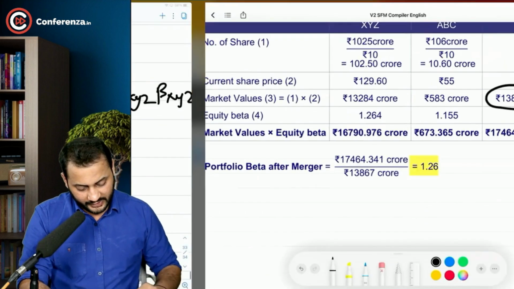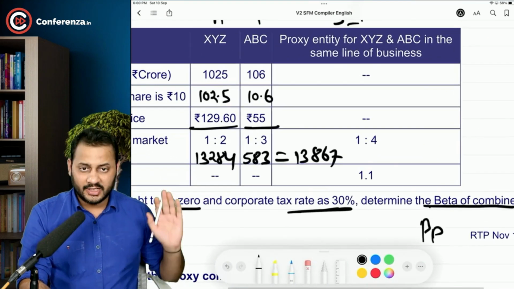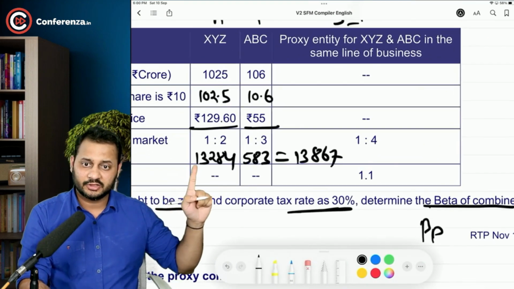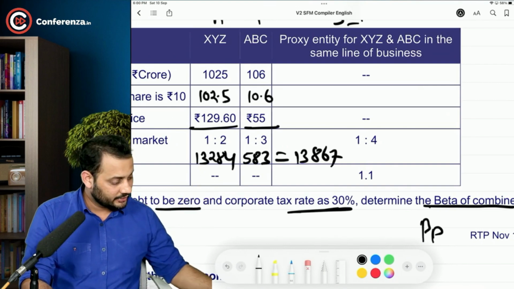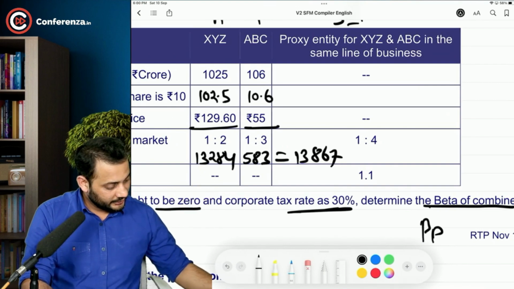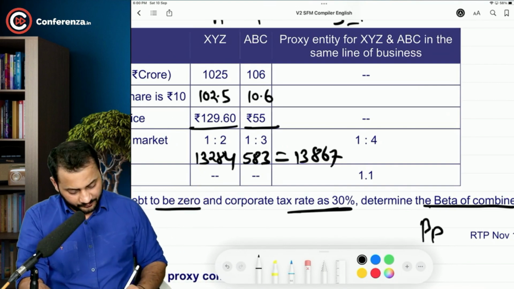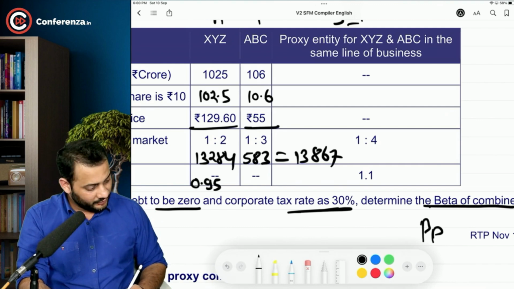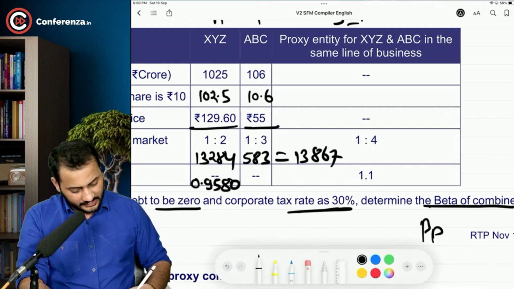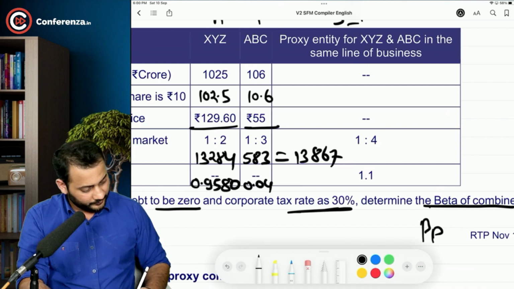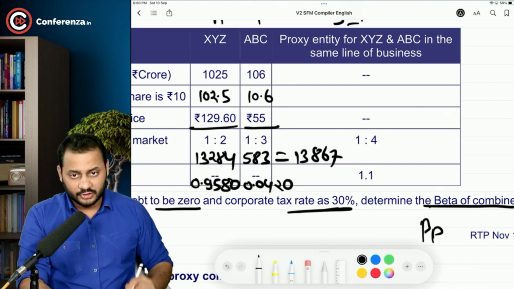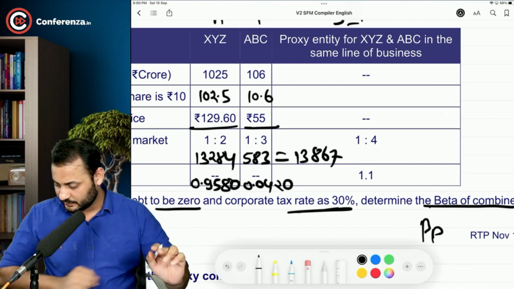Now can we calculate the weight of each? Yes sir. 13,284 divided by 13,867, the weight will be 0.9580, and minus 1, that's 0.0420. So these are the weights right now.